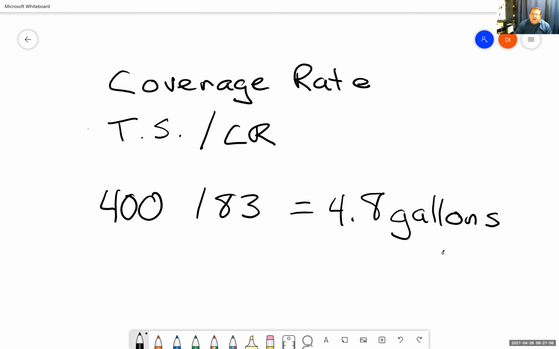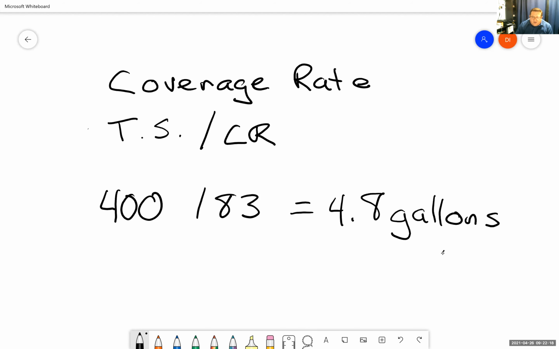Now, what we have to understand here is that 4.8 gallons is of diluted stripper. Okay? 4.8 gallons of diluted stripper, because we're only talking about how much product we put on the floor.